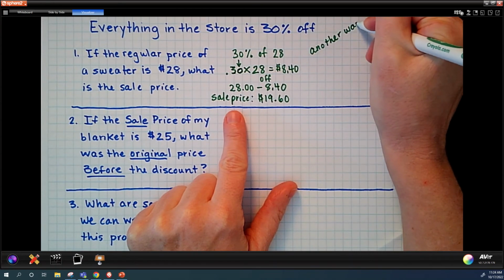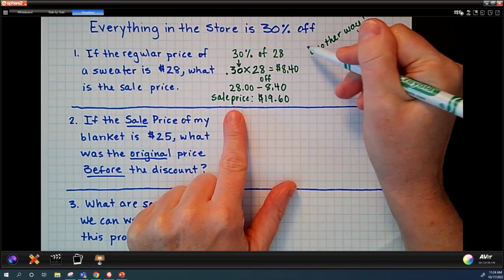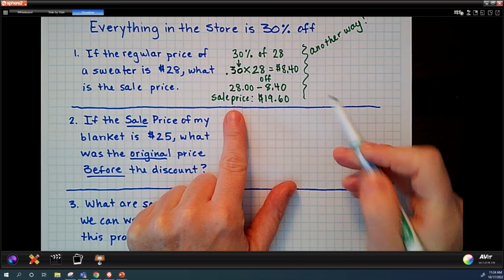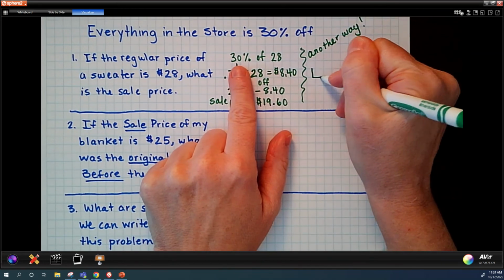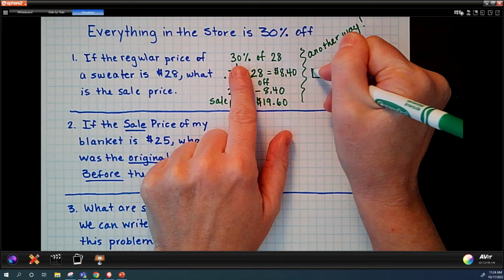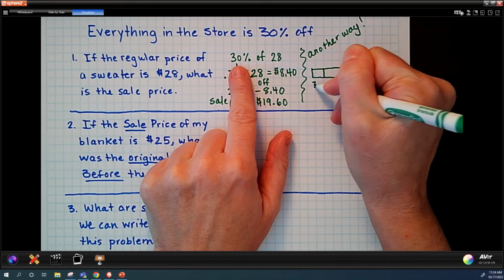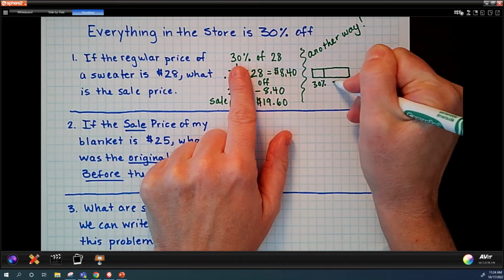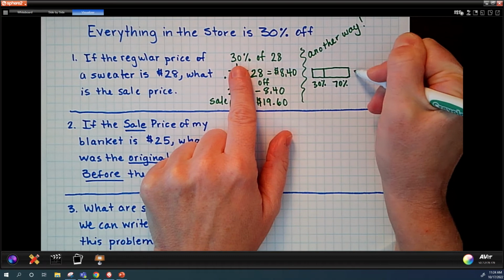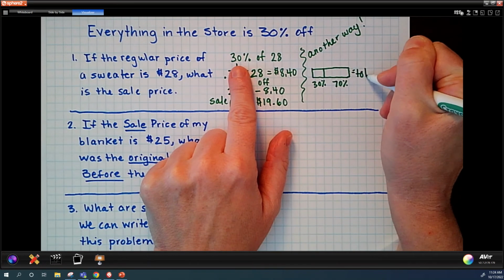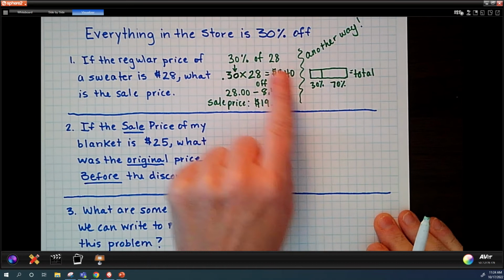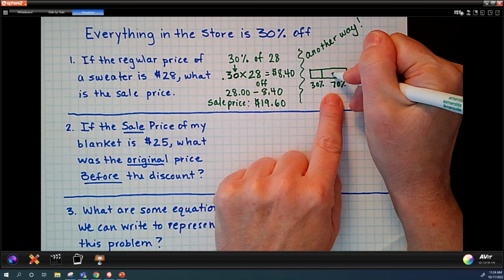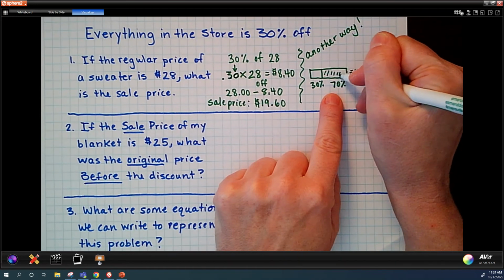I like this way actually. The other way we can solve it goes back to our bar diagrams that we did. We know we have 30%. The other part is 70%, and together that equals the total. So instead of using 30% of 28, let's try using the 70%.